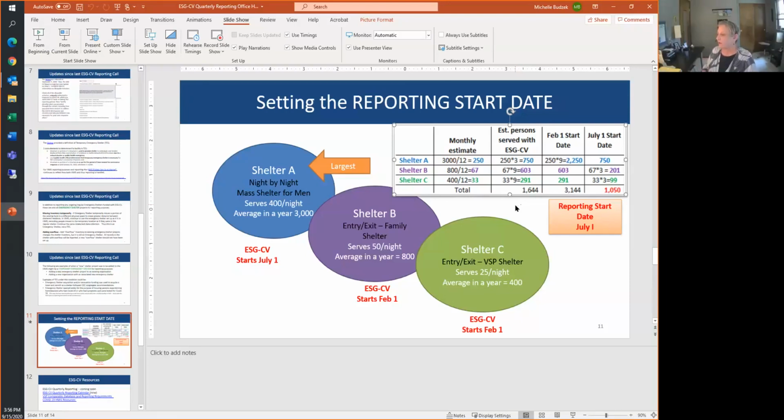So ESG-CV reporting does not align with your CAPER like regular ESG reporting. William, is there a better way to say that? Well, I think the short answer is no. Don't change the HMIS record for that.